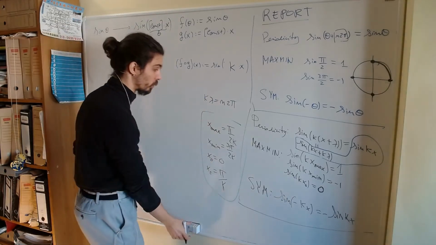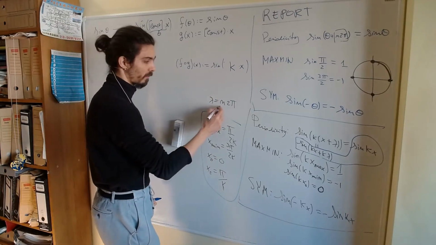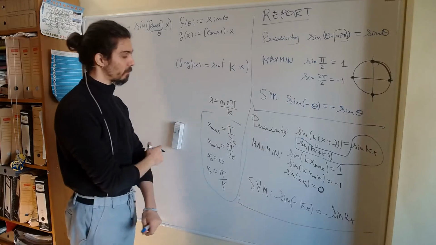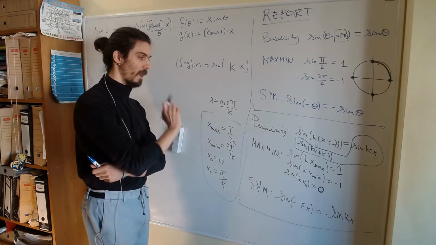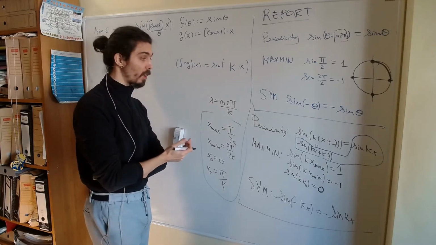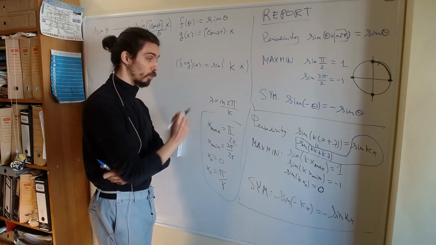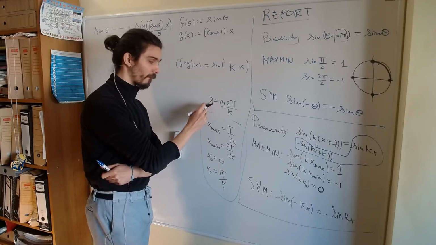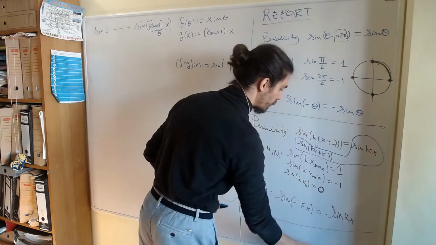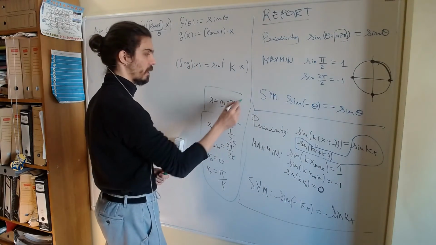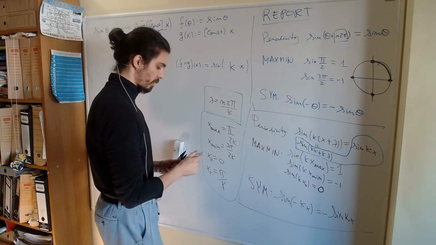So we write it like this. There are many lambdas, many periods, okay, for each one of these n's. The smallest of which occurs when n is equal to 1. When n is 1, lambda is 2 pi divided by k. Okay? Let's underline this thing because it's another important result from here.